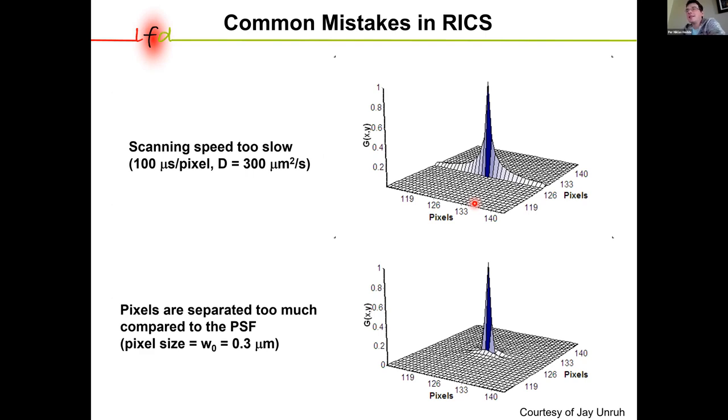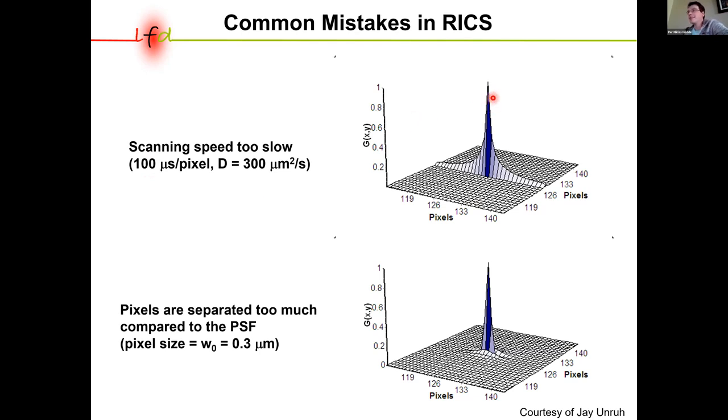So here's illustrated what happens if the parameters you set do not match the motion of the molecules. In the first example on the top, the scanning speed was set too slow. So this 100 microsecond dwell time per pixel was used to measure the diffusion coefficient of a dye of 300 micrometers squared per second.